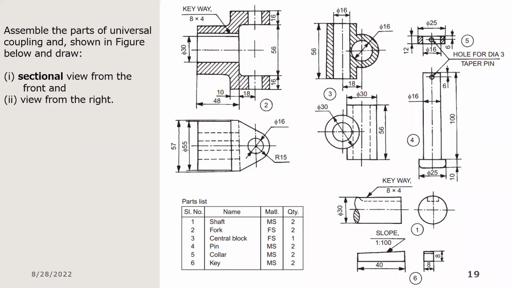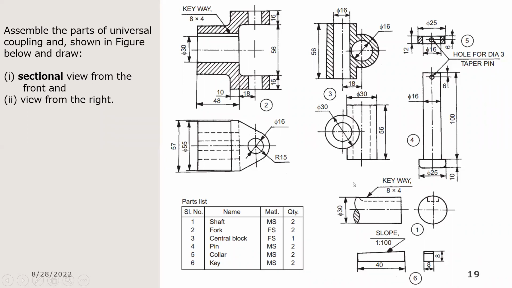If you look at your parts correctly, part 2 has a part that is 30. With the understanding of the working principle of the universal joint, you know that this is the fork and the shaft will fit inside.